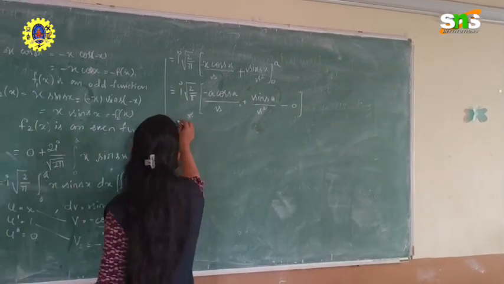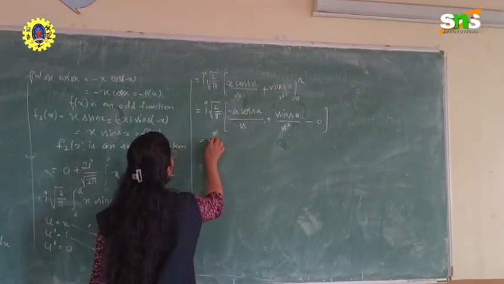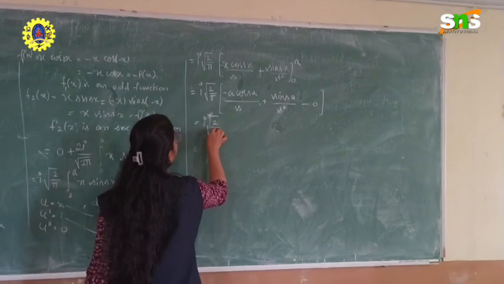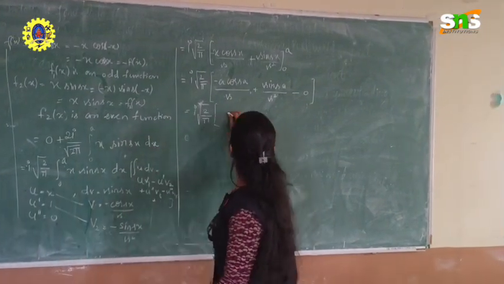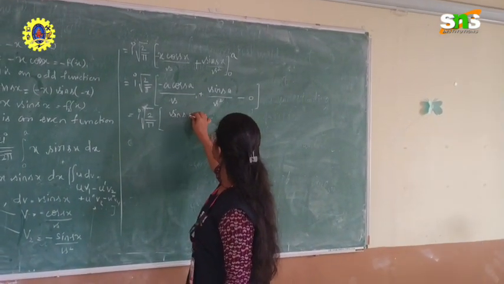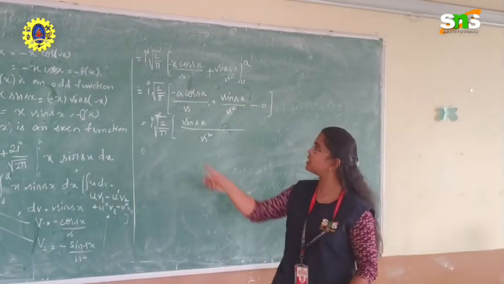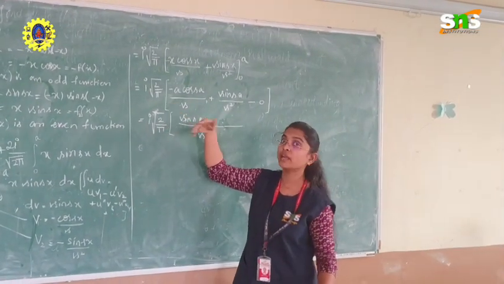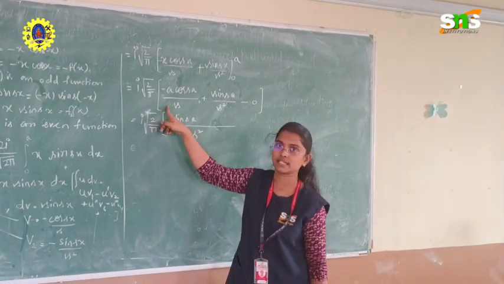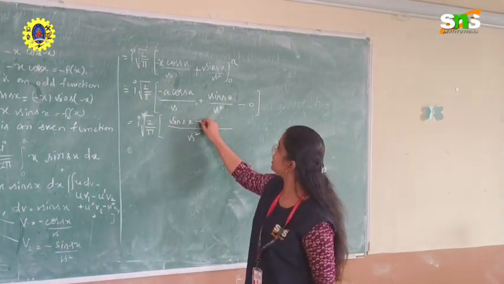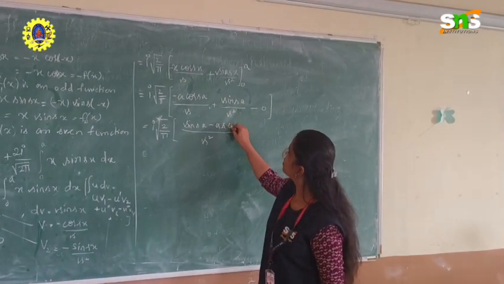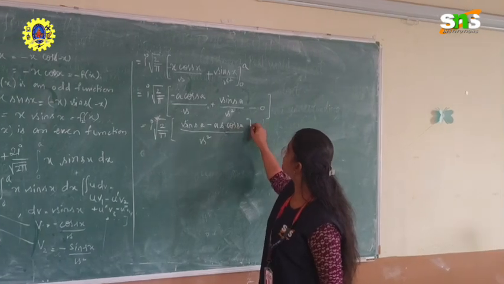So now we can conclude that i root 2 divided by root pi, sin sa, I'm just taking the whole thing divided by s square, so I have to multiply and divide this portion by s over s, right? So now I get minus a s cos sa divided by s square.